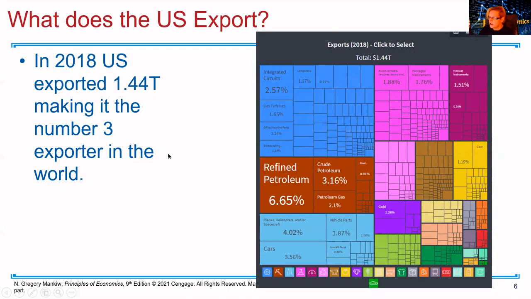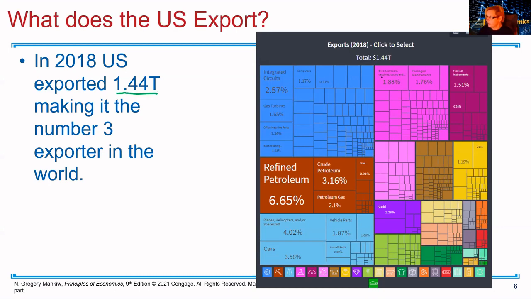So what exactly does the U.S. export? The different colors are different industry codes. The higher the percentage, we were number 3 in 2018 in the world. We exported $1.44 trillion worth of goods and services.